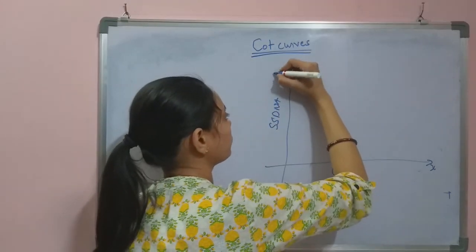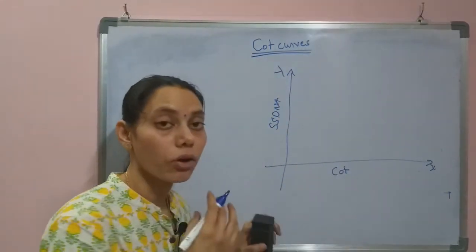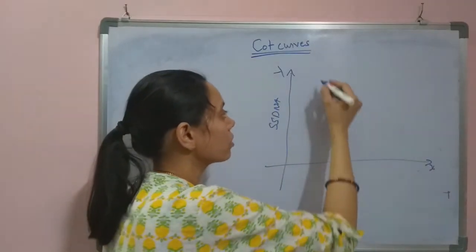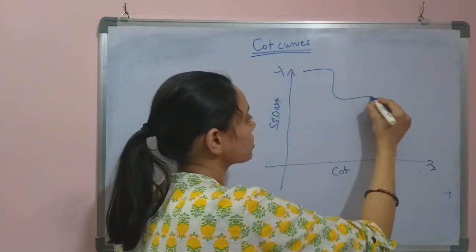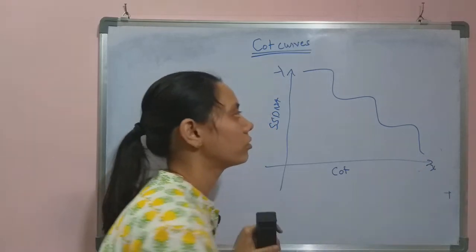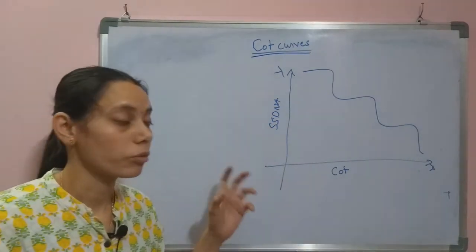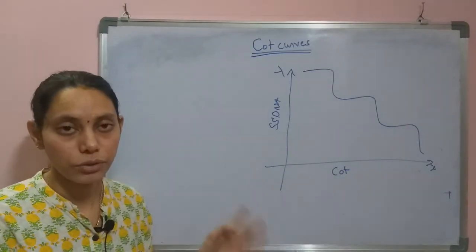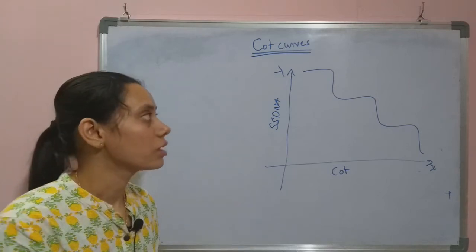And if you plot a cot curve, these kinds of regions will appear. So it is no more a simple sigmoid curve like simple organisms.